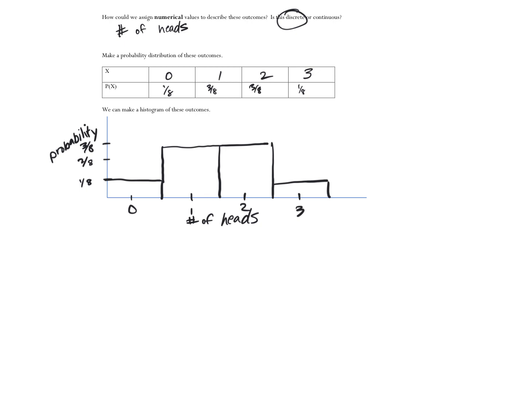What does this look like? I'm going to struggle with normal. Normal typically describes continuous variables. But are you guys with me that we just drew a histogram?